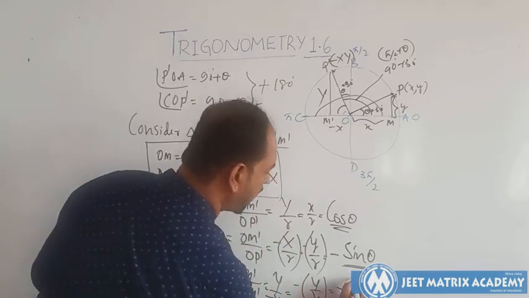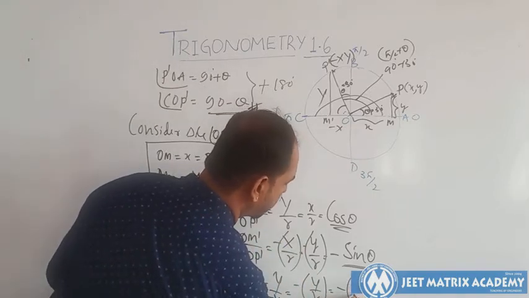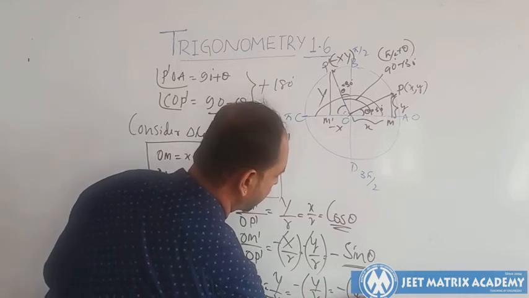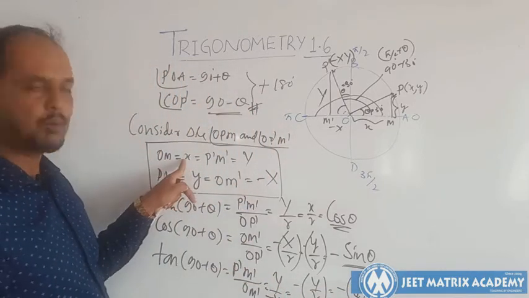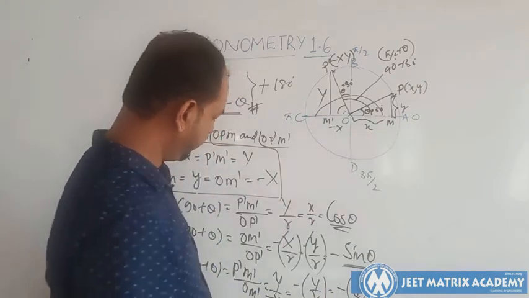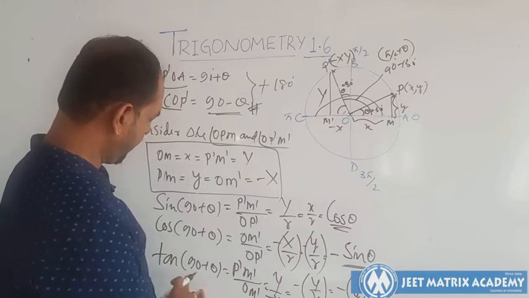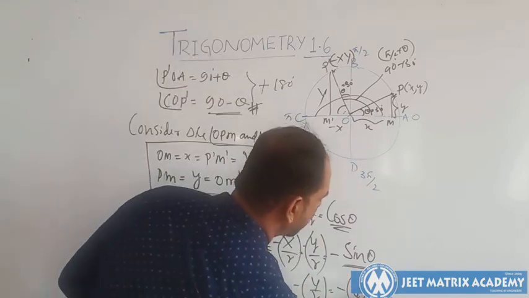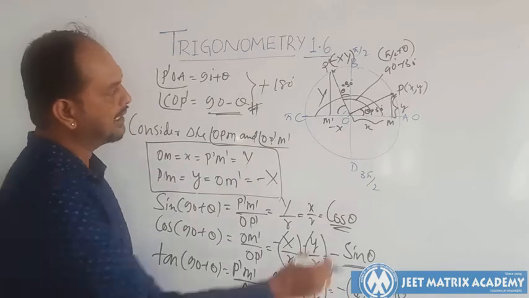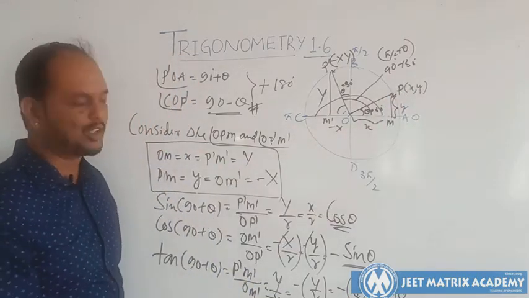Y equal to small x, capital X equal to small y. Am I right? So x by y is what? It will be cot theta. So minus cot theta. Is it clear? Opposite by adjacent is minus cot theta.